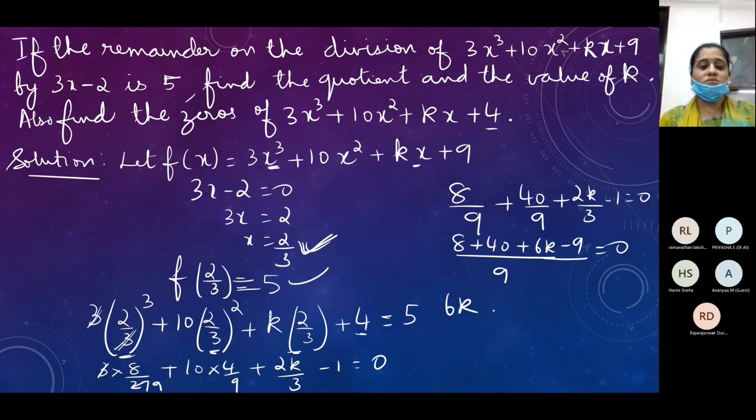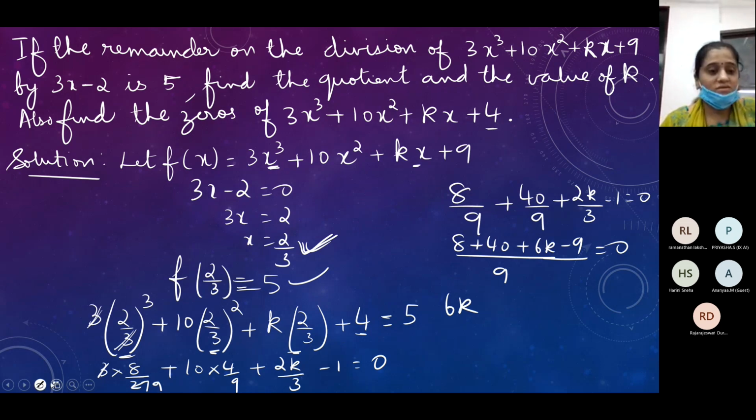I'm wrong somewhere. Where am I wrong? I think it is 2k by 3 plus 4. Oh, it's not 4, it's 9.